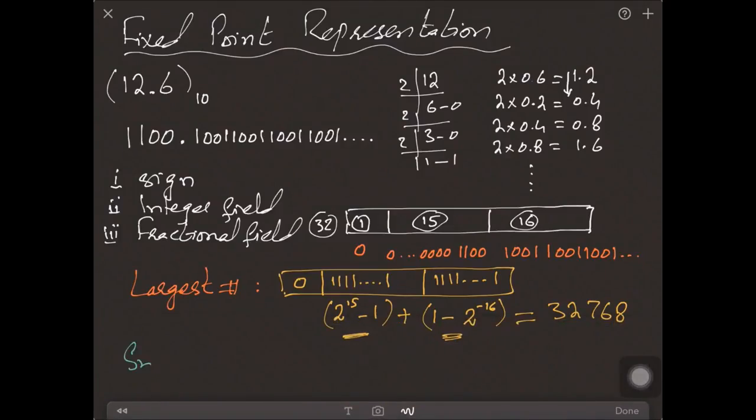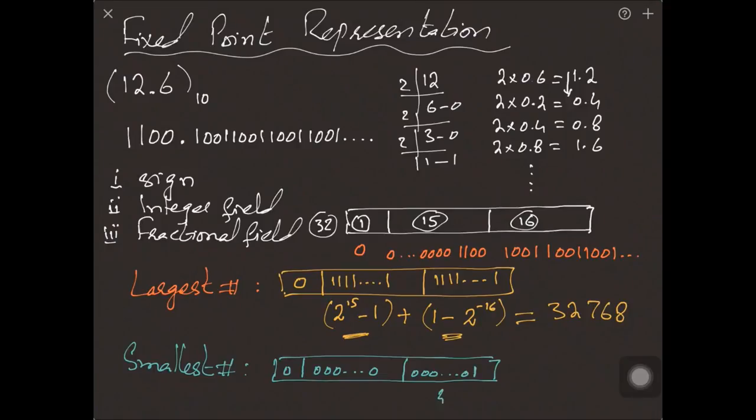And as far as the smallest number is concerned, using the fixed point representation, let me use this. So in the integer part we use all zeros, 15 zeros, let's suppose, and over here we use a lot of zeros, and in the end we have 1.